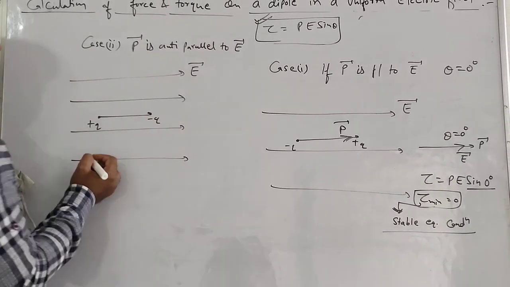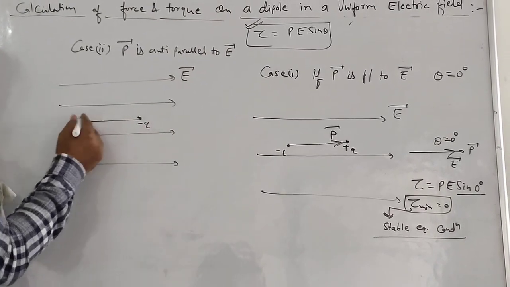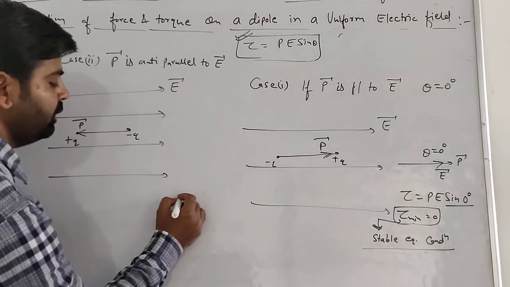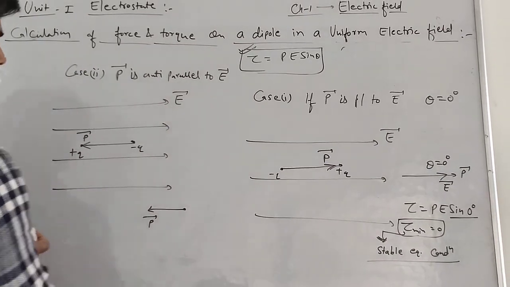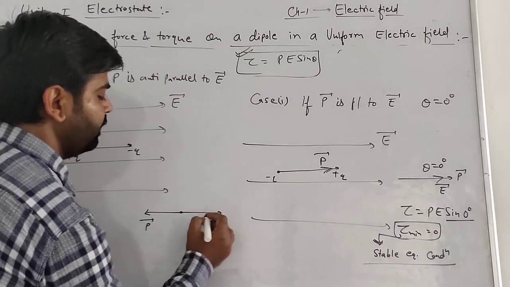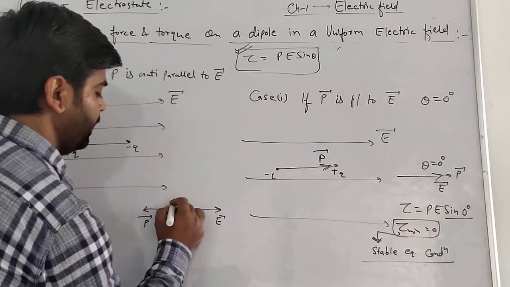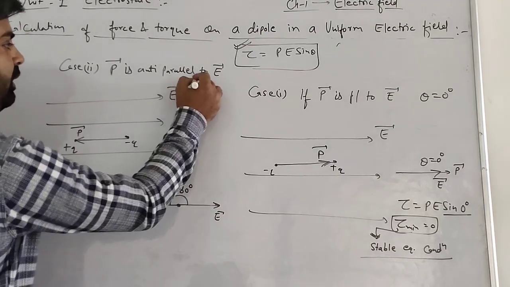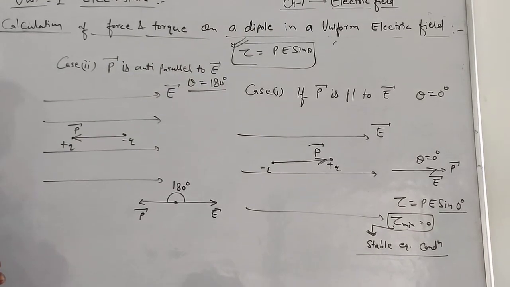The direction of electric dipole moment is from minus q to plus q. That means P vector direction is towards the left side and E vector direction is towards the right side. So the angle between P vector and E vector is 180 degree, means theta is equal to 180 degree. This is called anti-parallel condition.